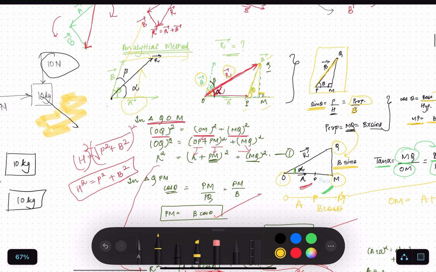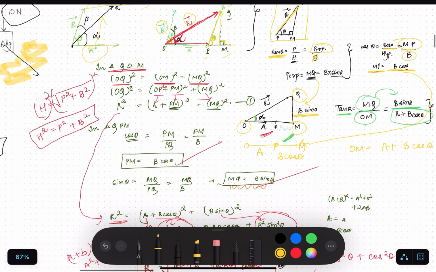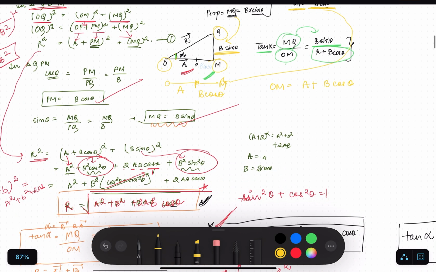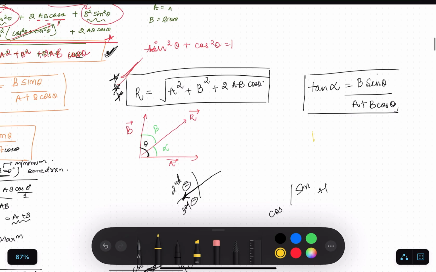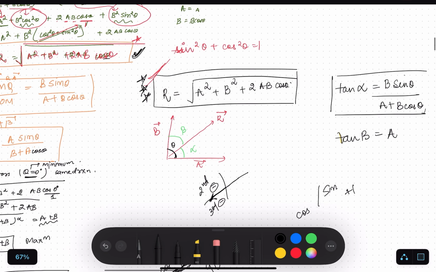The formula for the value of the resultant would have come exactly the same, but the formula for beta, that is tan beta, would have been A sin theta upon B plus A cos theta. What I did, I just turned all my A's into B's and B's into A's.